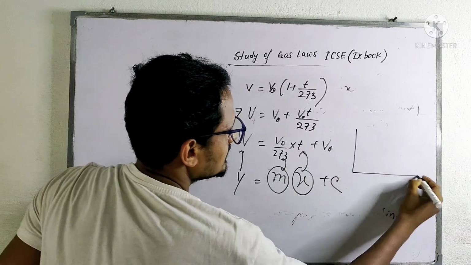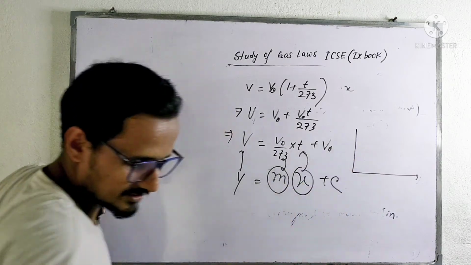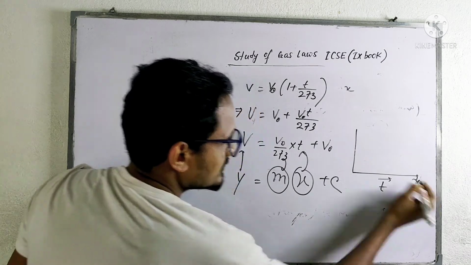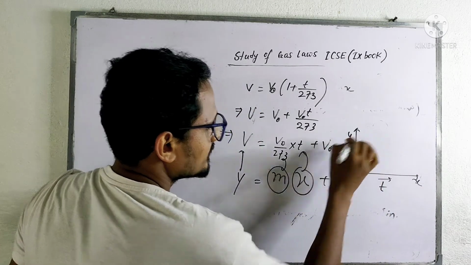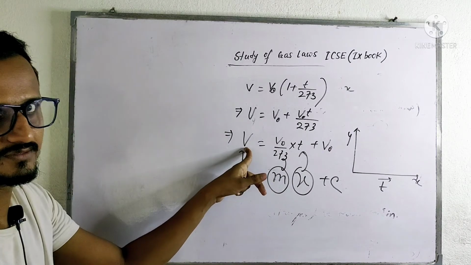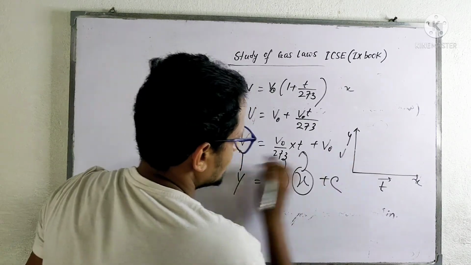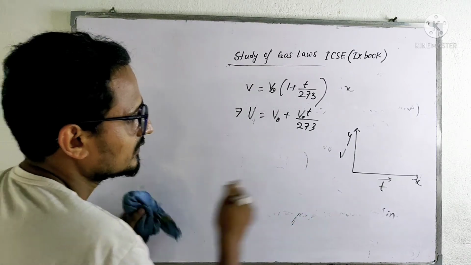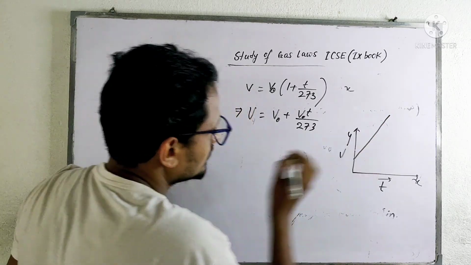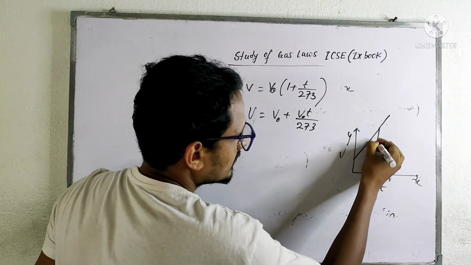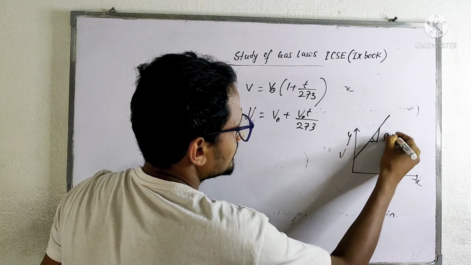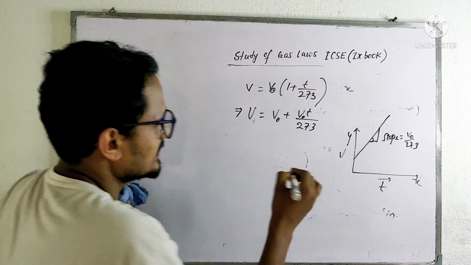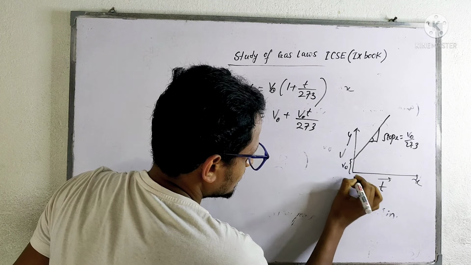Along the x axis is small t, and along the y axis is capital V. We'll get a curve like this with a slope of V0 by 273 and an intercept of V0.